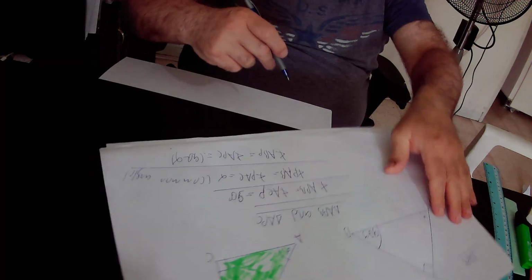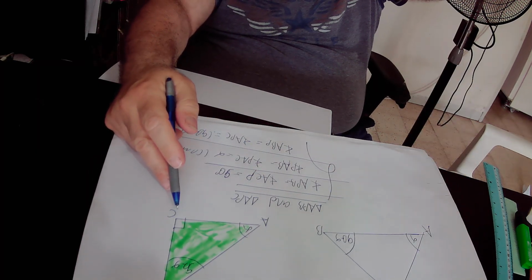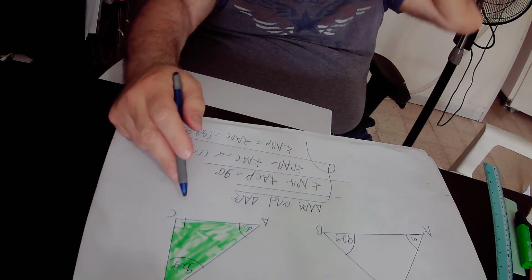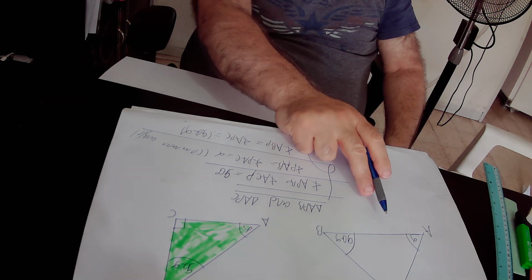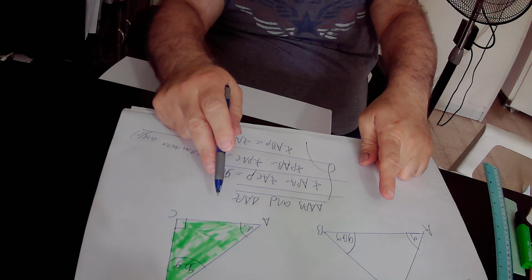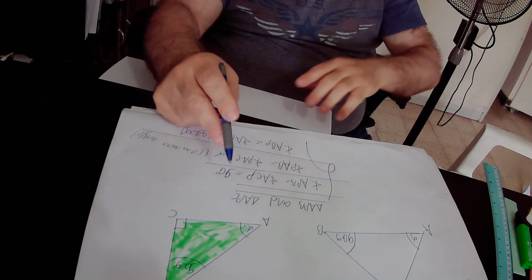So we actually found out that all three angles in this right triangle APC are correspondingly equal to all three angles in this right triangle APB. Therefore, those two right triangles are similar to each other according to angle similarity rule. So I'll write it down.